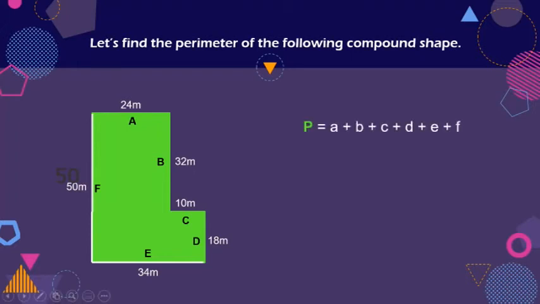Okay, so now let's find the perimeter of this shape. Who can tell me the perimeter of this shape? Rahama said 165, Gazel said 168, Janan also said 168, and Maria said 168.